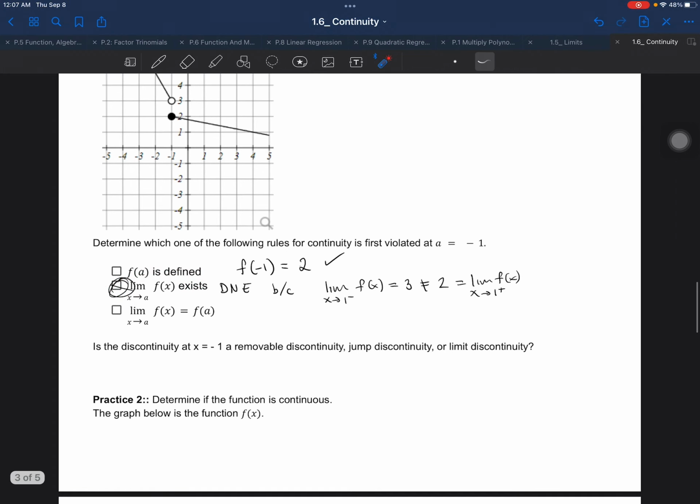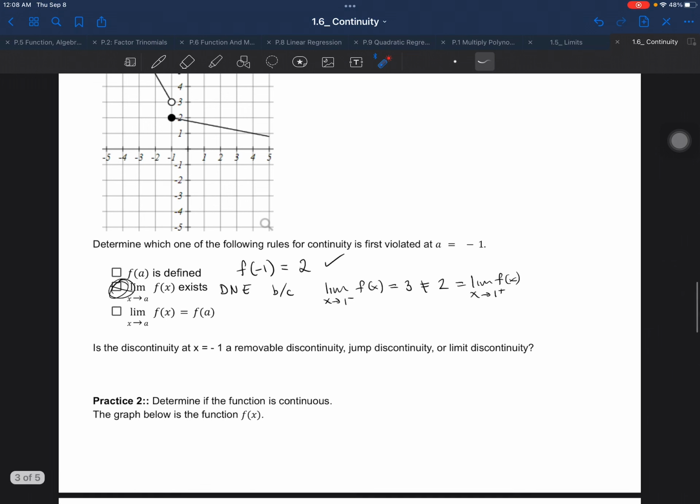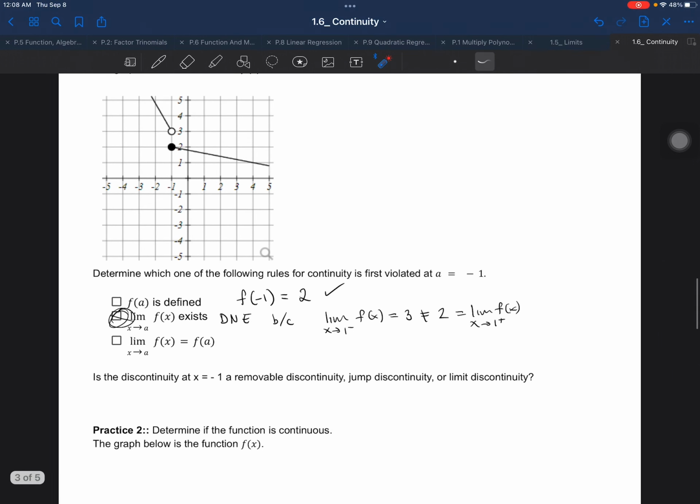Okay, so is the discontinuity at x equals -1 a removable discontinuity, or a jump discontinuity, or a limit discontinuity? Well, in this case, we will argue that this is a jump discontinuity, because in order for this function to be continuous, you have to jump to a different y value to continue the graph.